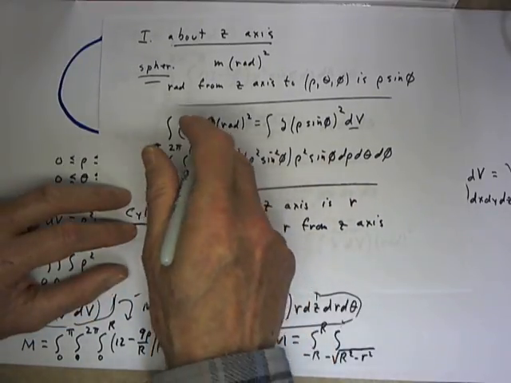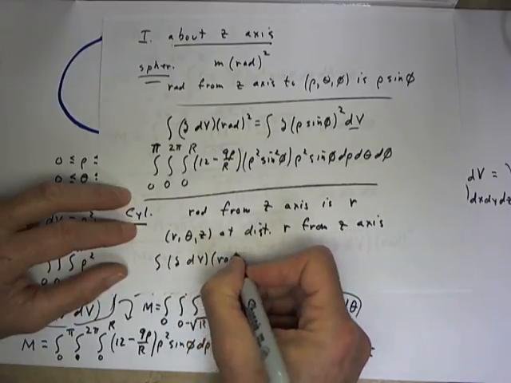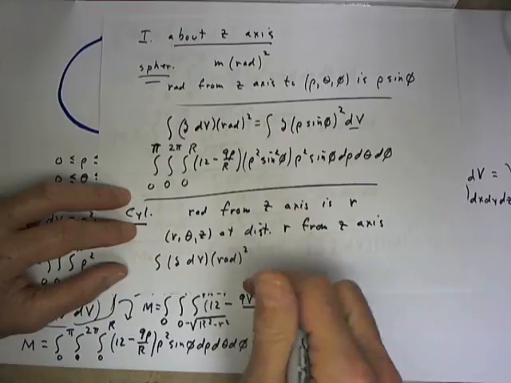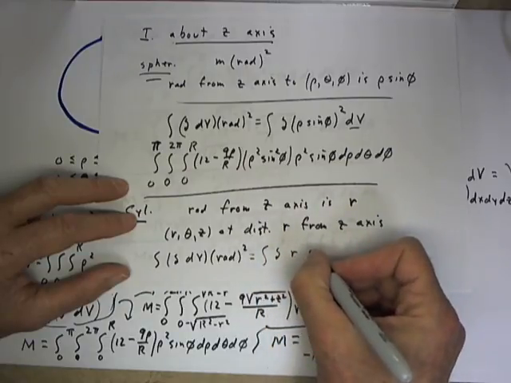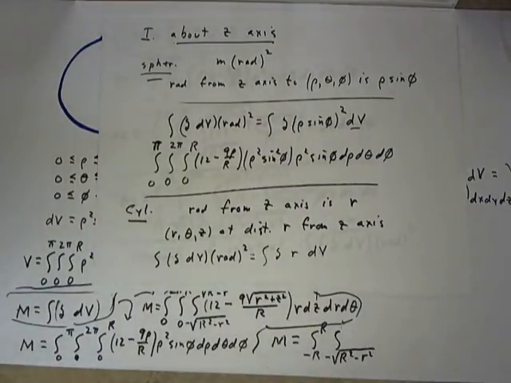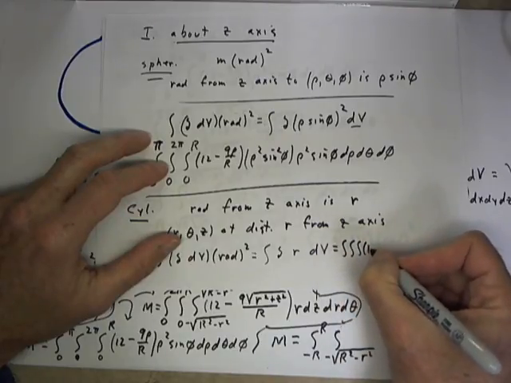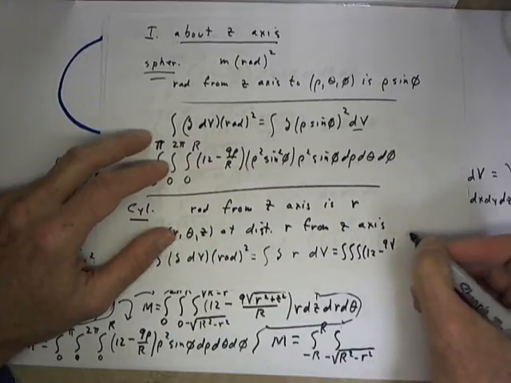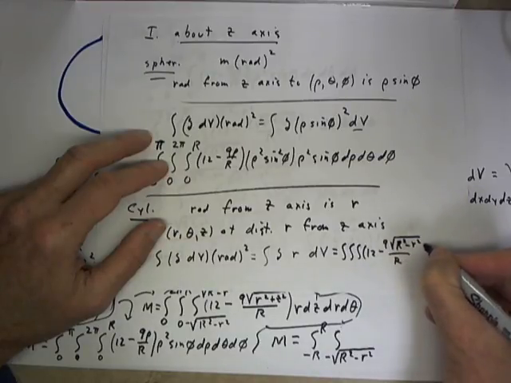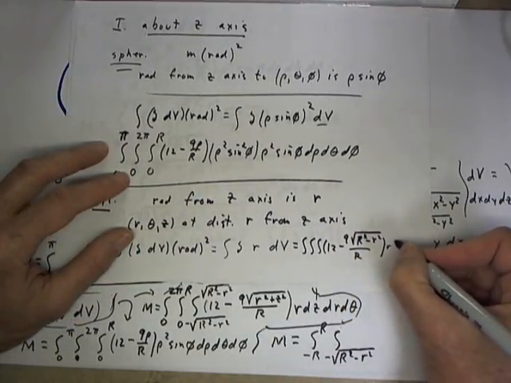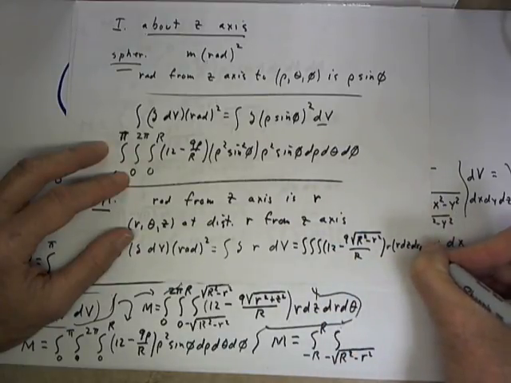And it follows then that our integral of mass times distance from the axis squared is going to become the integral of delta times r times dv, and that's going to end up being a triple integral over the familiar limits of 12 minus 9 square root of r squared plus z squared over big R, times r times r, integral with respect to z, dr d theta.